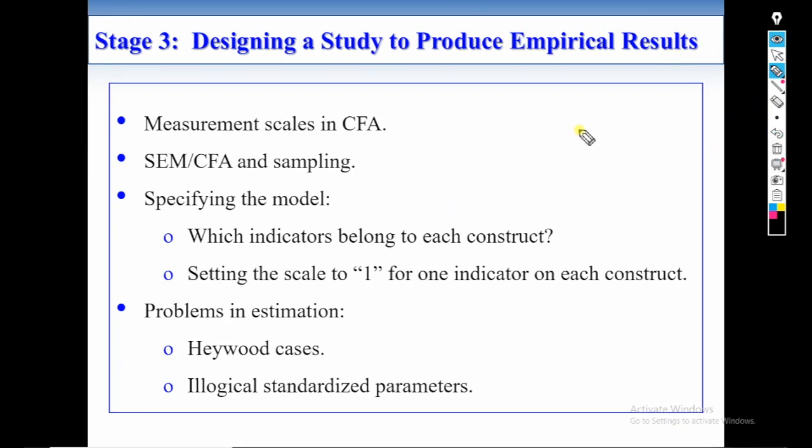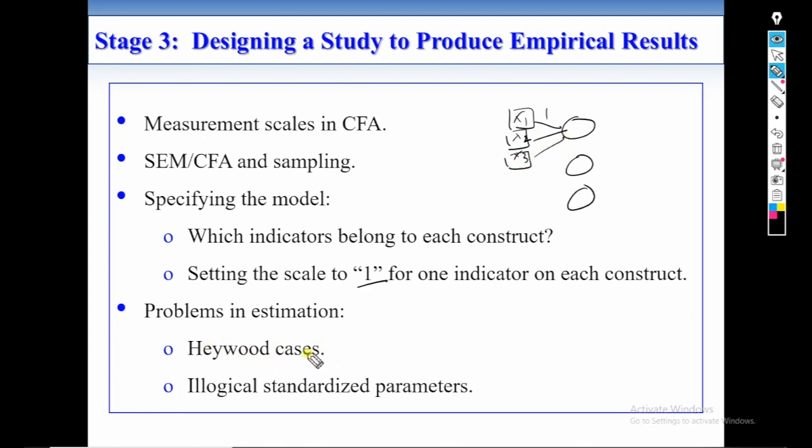Then, specifying the model: these are the independent or measured variables x1, x2, x3, so we specify one for each indicator and then find the regression coefficient of the other.